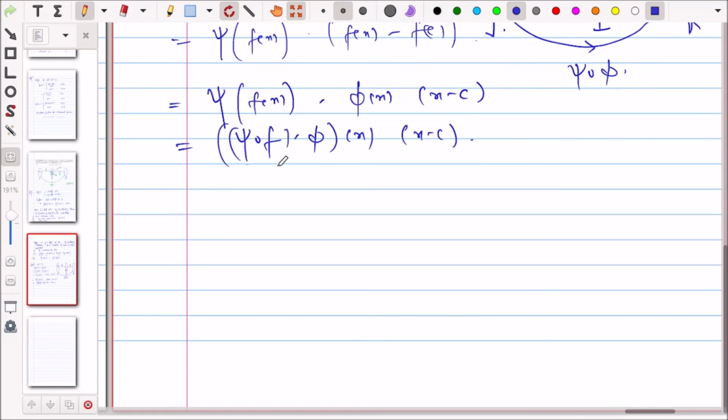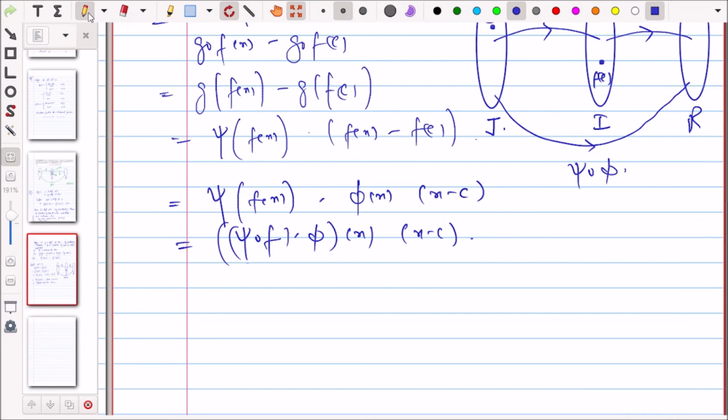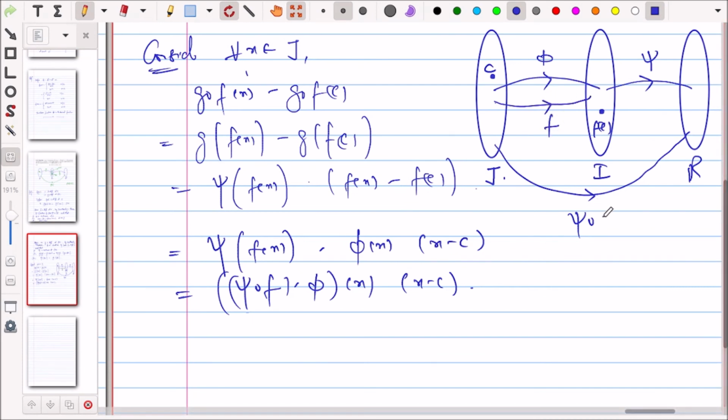So this function will work. We will not take psi of phi; we will take psi of f dot phi, the product, because we will have to take this function also. Are you getting my point? Yes, because this function is coming here, so we will have to take this function.